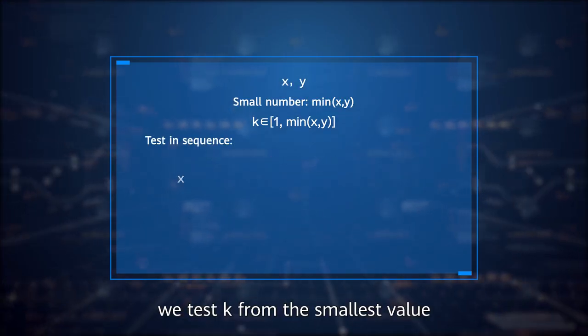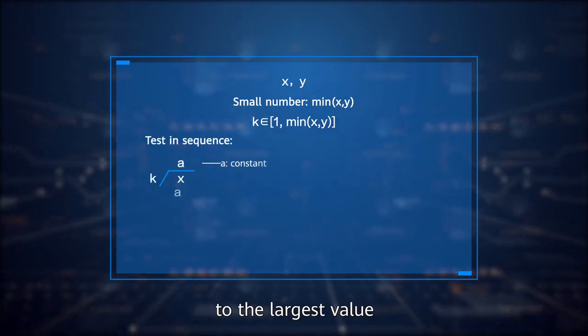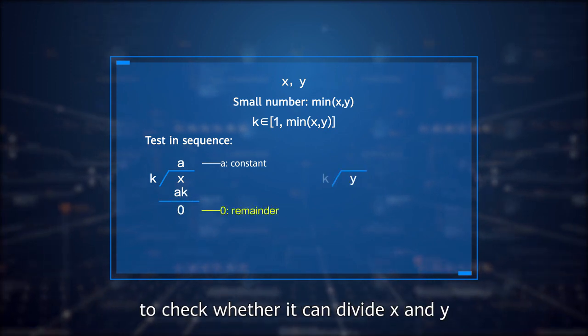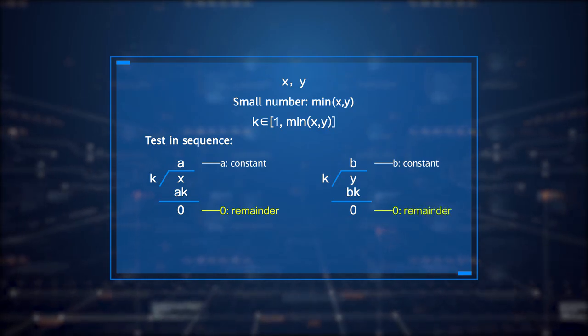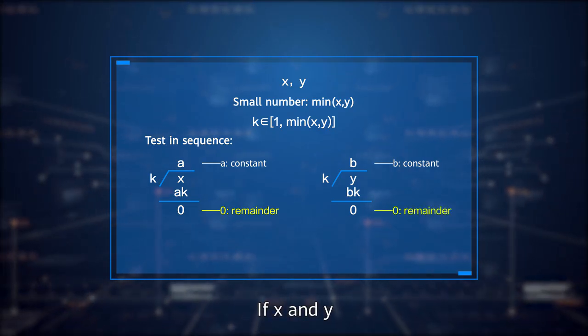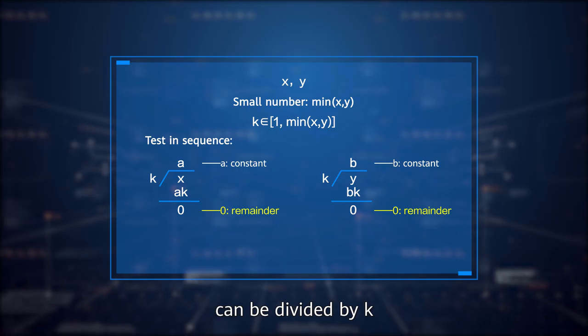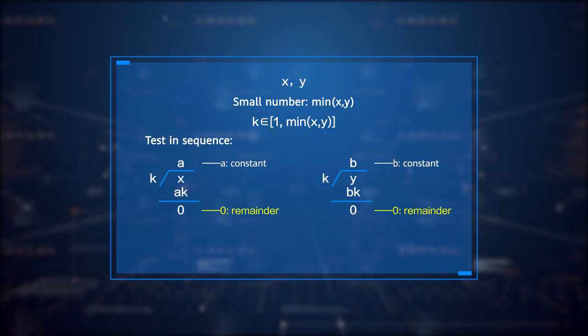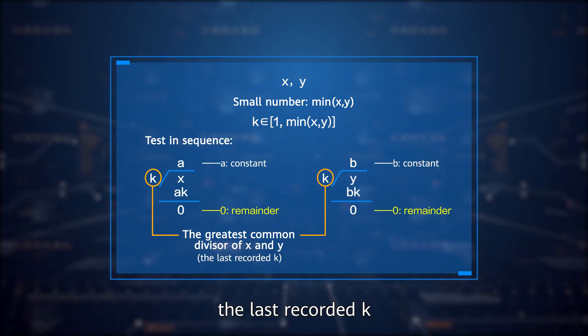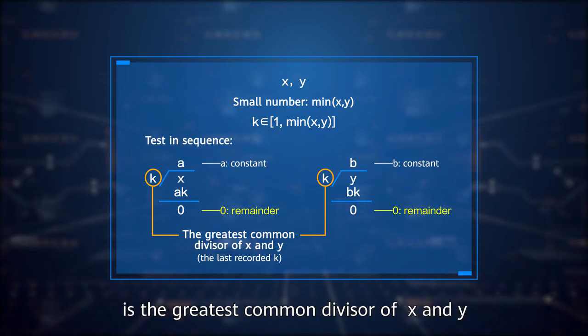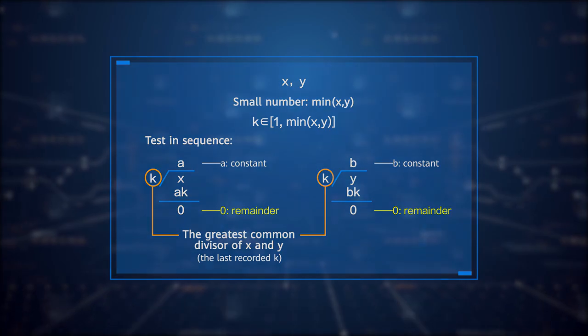We test k from the smallest value to the largest value to check whether it can divide x and y. If x and y can be divided by k, record k. After the traversal, the last recorded k is the greatest common divisor of x and y.